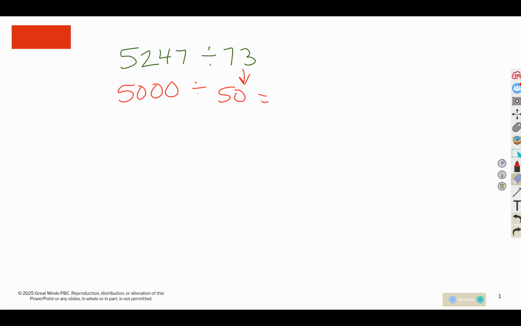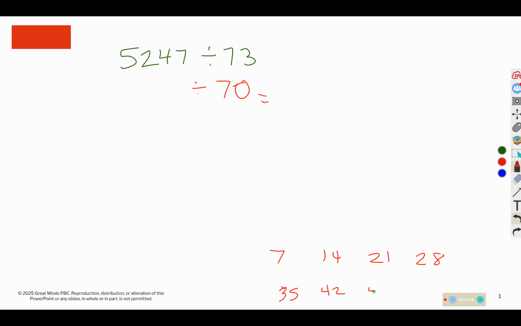So let's try something different. What if instead we rounded it to 70? Let's think of our multiples of 7. We have 7, 14, 21, 28, 35, 42, 49, 56.